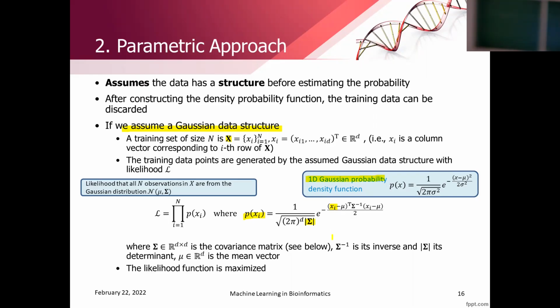Mu is the expected value. Expected value in this case is also a vector. It's the expected value for each dimension. Transposed times the inverse of the covariance matrix times (xi minus mu) divided by 2.